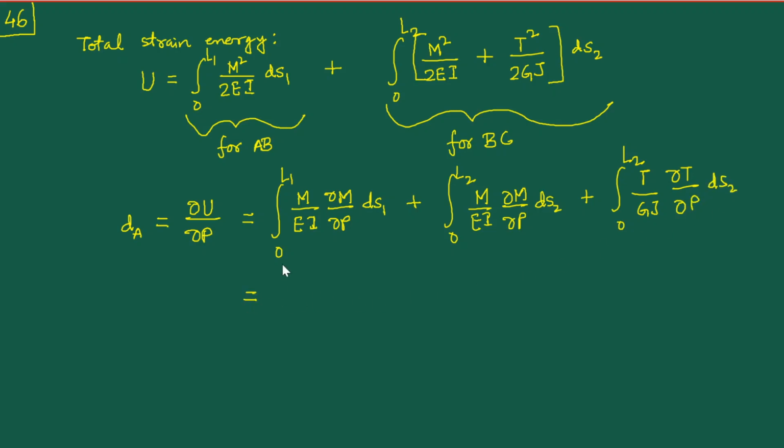I'm not going to go through the intermediate algebra. You can all do that. So the ultimate answer that I will obtain is P L1 cube by 3EI plus the remaining terms. Please note that I am not doing some trick here to directly obtain the formula.